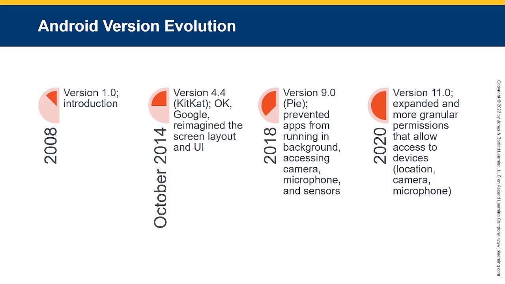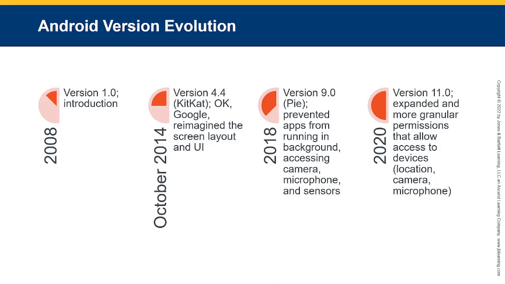October 2011, version 4.0 Ice Cream Sandwich brought many of the UI experiences of Gingerbread to the smartphone. 2012 to 2013, version 4.1 to 4.3 Jelly Bean introduced Google Now and the Quick Settings panel.